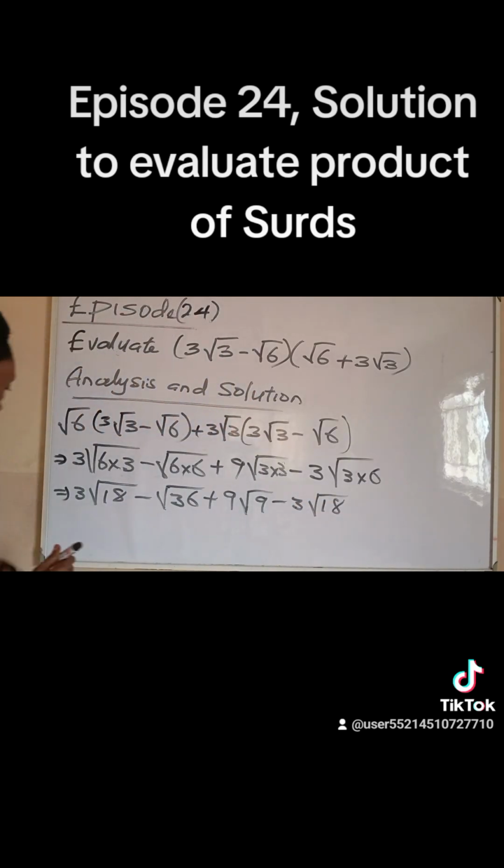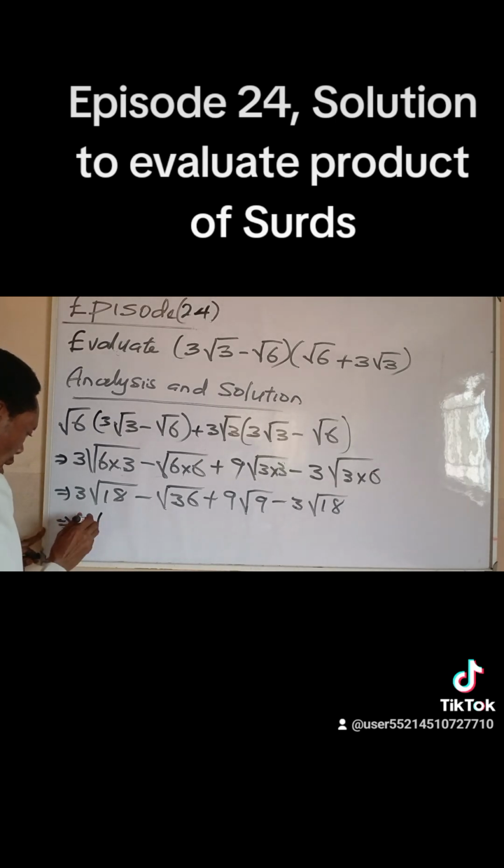If you look at √18, we should consider two factors of 18 such that one of the two factors is a perfect square and the other is a prime factor. That should be 9 times 2.